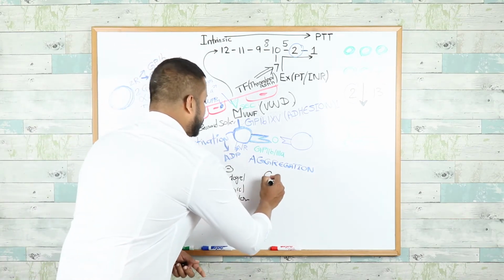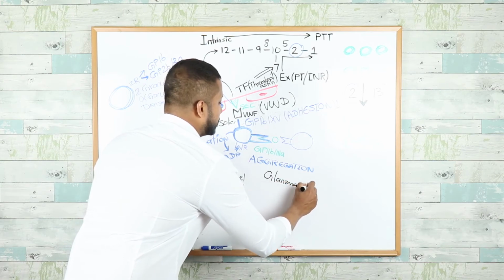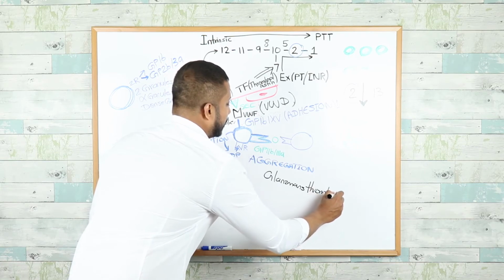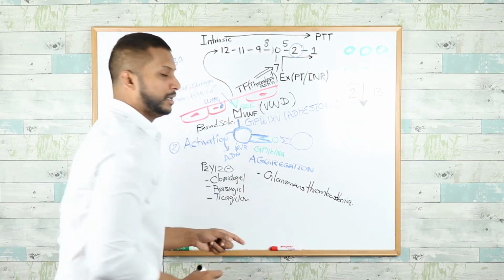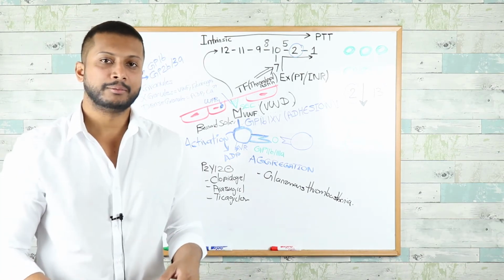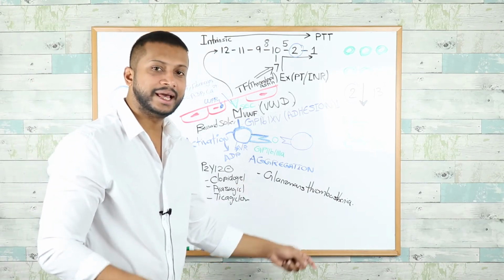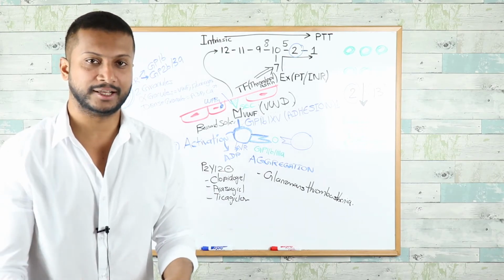It's going to be called Glanzmann's thrombasthenia. Okay, Glanzmann's thrombasthenia. So again, I will be covering this topic separately, but for now I just want you to remember that Glanzmann's thrombasthenia is the lack of GP2B3A receptor genetically.